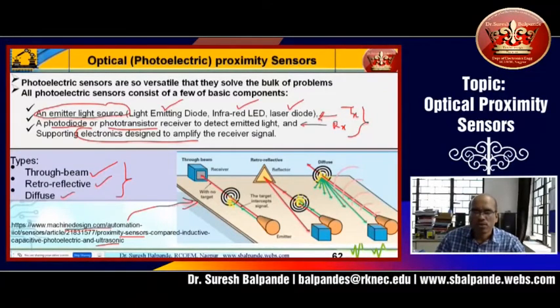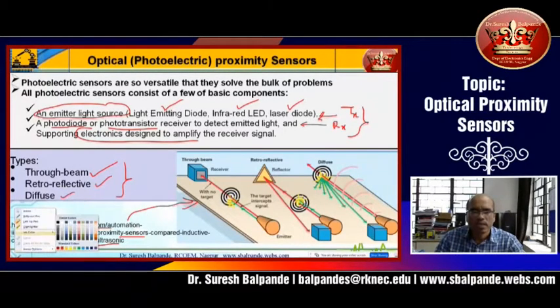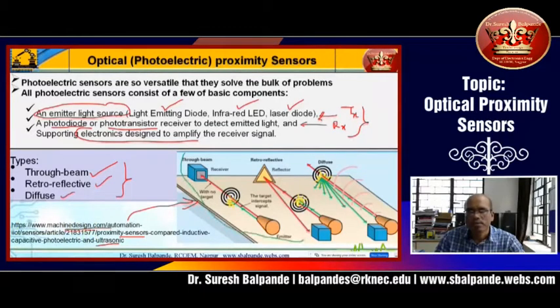Now the first one is the through beam proximity sensor. In this case, we have this arrangement. In every proximity sensor, you will always have one receiver and one emitter, or transmitter, doesn't matter.